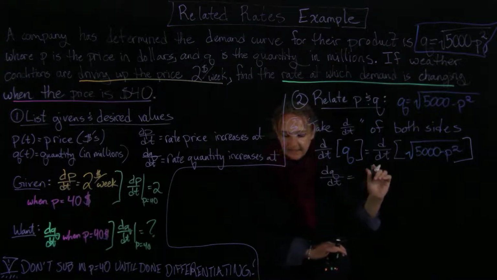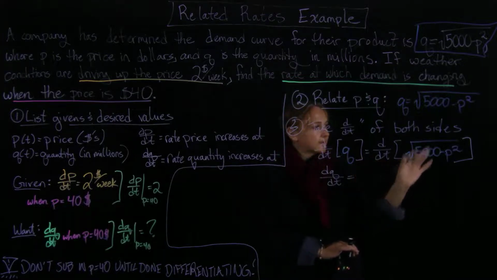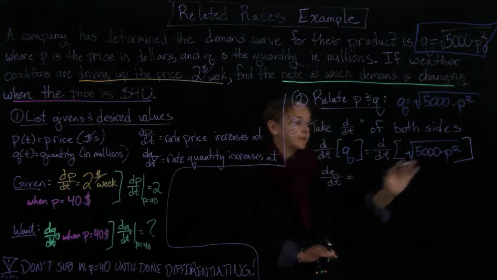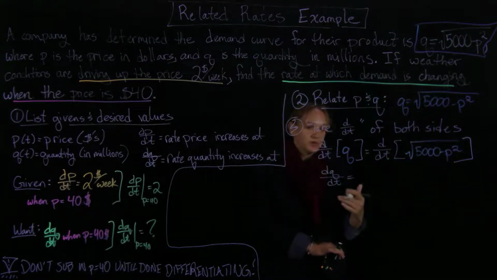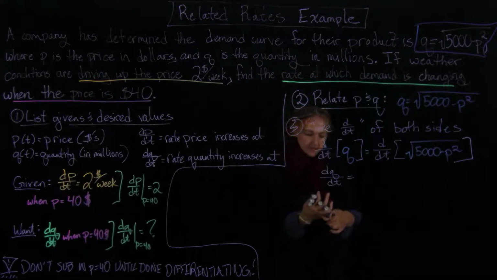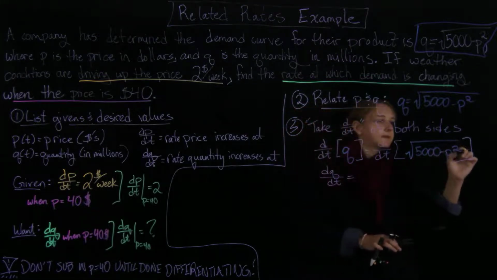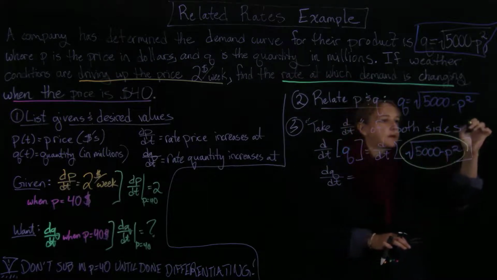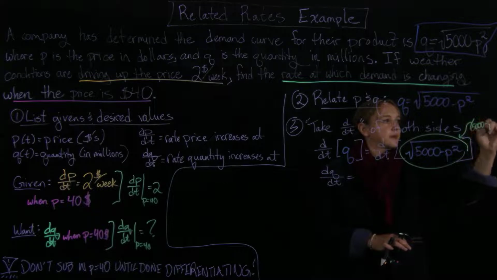We're first going to take the derivative treating p as a constant, and then we're going to have to multiply. The other thing I want to point out here is that this, remember, is 5,000 minus p squared to the 1/2.